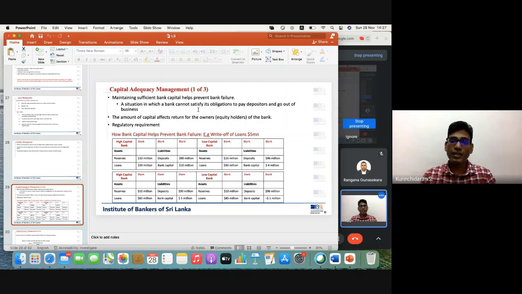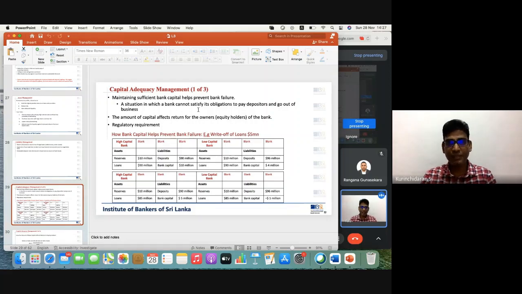So if you have enough capital, you can absorb the losses, and then you will withstand any shocks. Right? Okay, let's assume here in this example, how bank capital helps prevent bank failure.